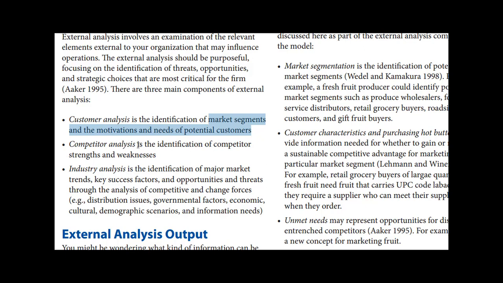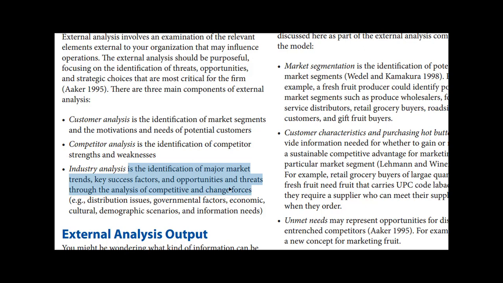The second portion is the competitor, the people that are competing with the company, either directly or indirectly. Although most of the concentration is on direct competition, indirect competition also counts. Then, most importantly, the industry in which the organization is active.